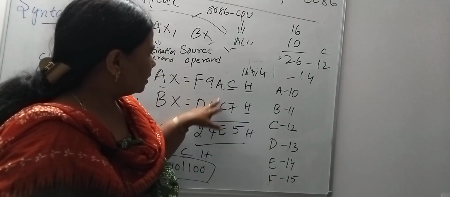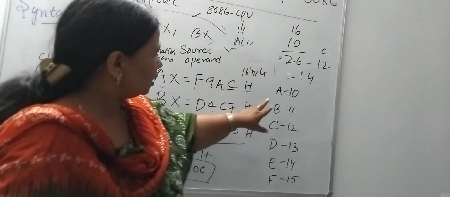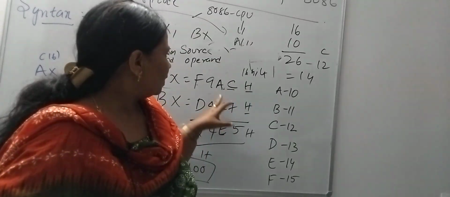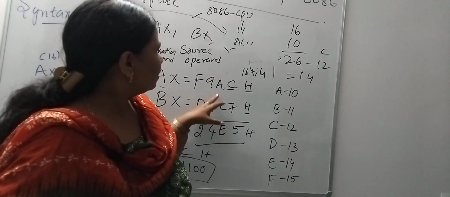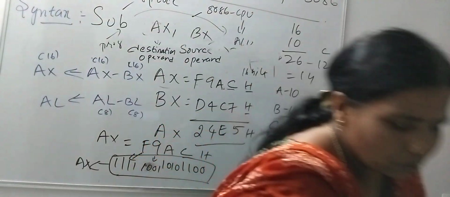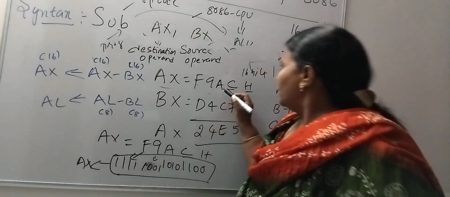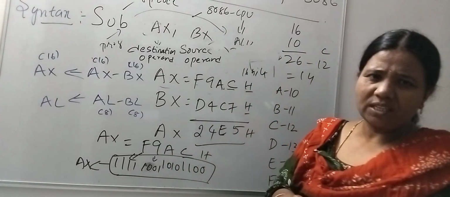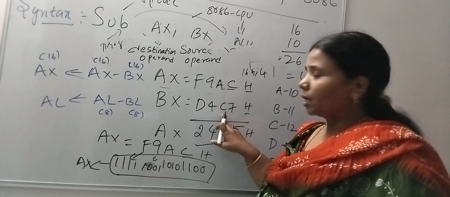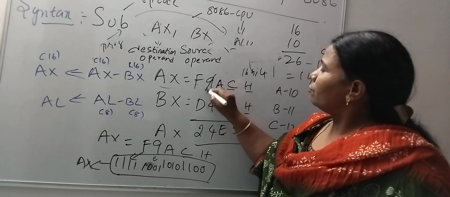So A and C means what? A is 10, and because you are doing subtraction, 10 is this and this is 12. So this is the lesser number. 10 you cannot subtract from 12, so you need to take a borrow from here.